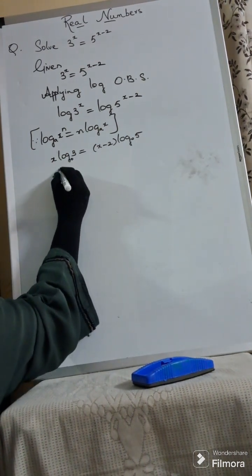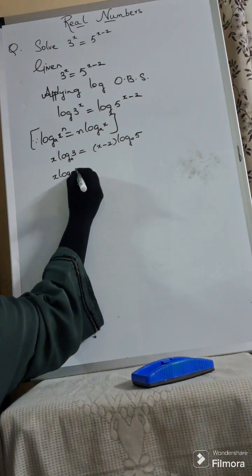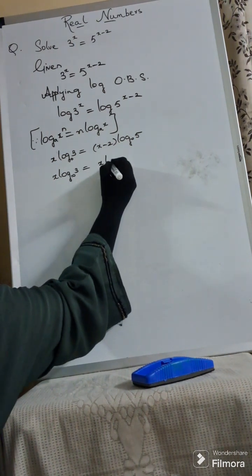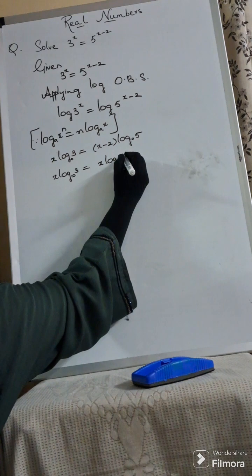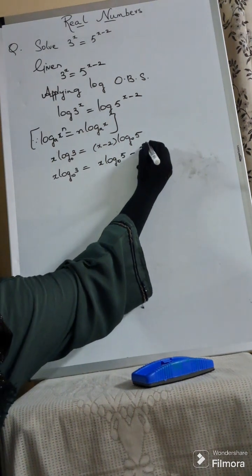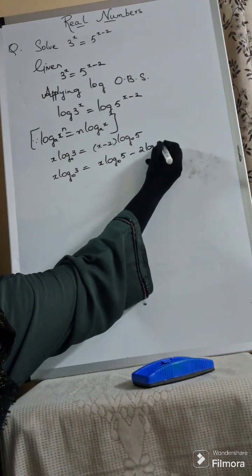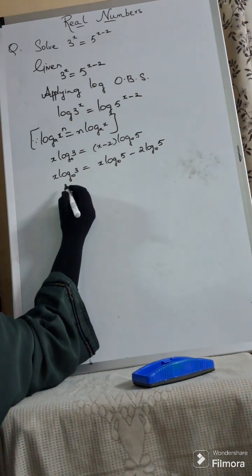Next, x log 3 = x log 5 - 2 log 5. Right?